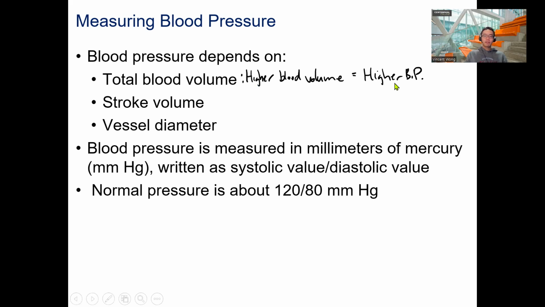The more blood you have, the higher blood pressure there will be. So if you have dehydration, that causes your blood volume to go down, and therefore your blood pressure will drop. Severe dehydration is dangerous because your blood pressure can drop so much that you might not have enough circulation, and that could be lethal, of course.